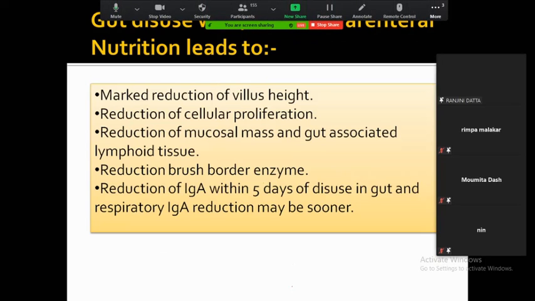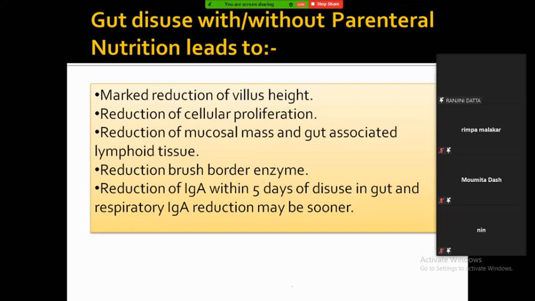Now, why are clinicians or advanced nutrition scientists today against the overzealous use of parenteral nutrition? I was just mentioning the Peyer's patches health.